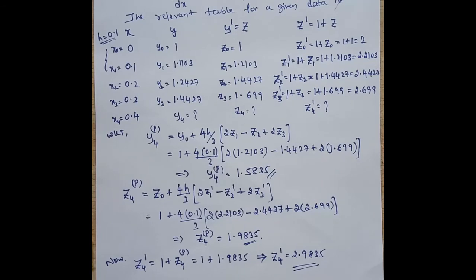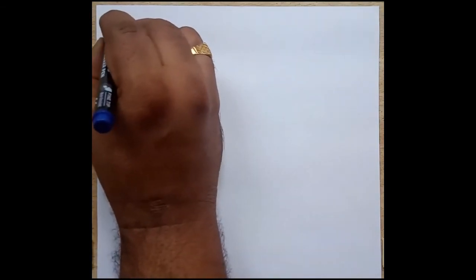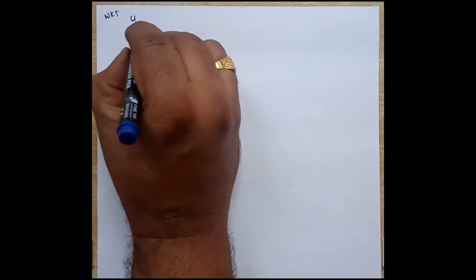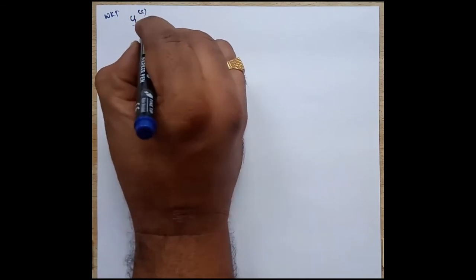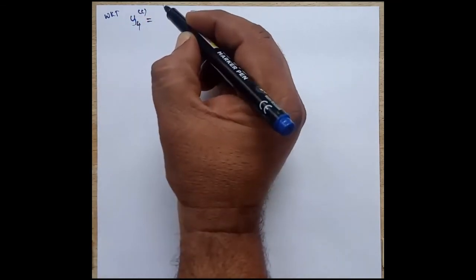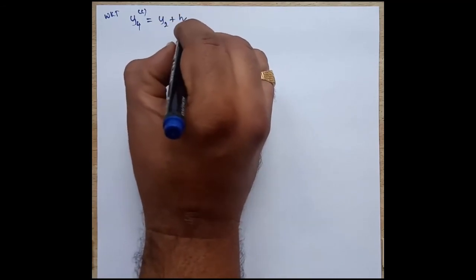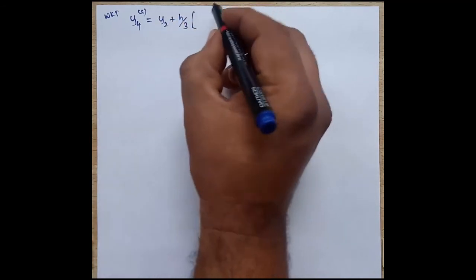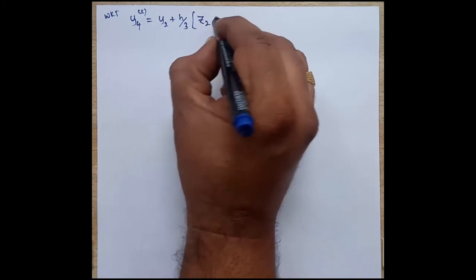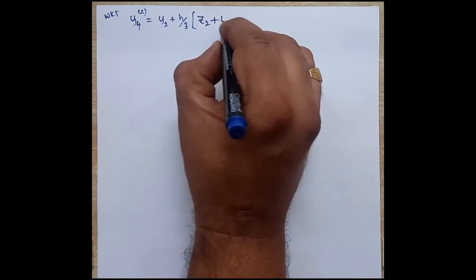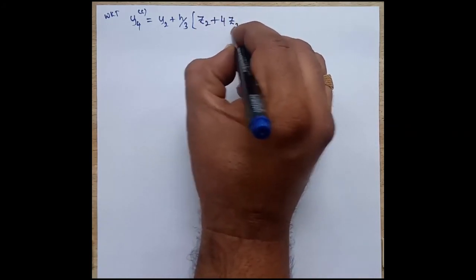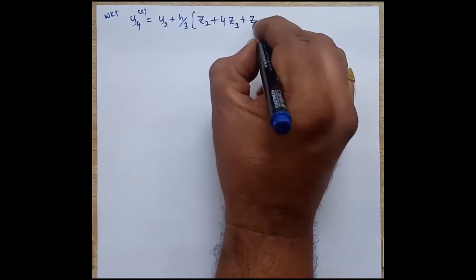So let us apply the corrector formula now. We know that Y4C, the corrector formula, is Y2 plus H by 3 into Z2 plus 4Z3 plus Z4.